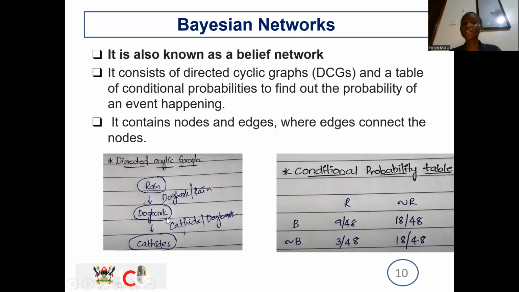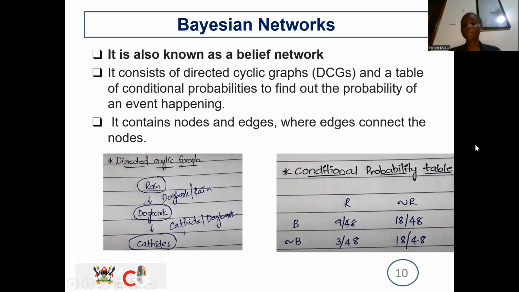Then the cat will hide given that the dog has barked. In such situations, the hypothesis should have two probabilities. Yes. So this rain is a node. This rain, dog, and then the probabilities are taken from the parent node.